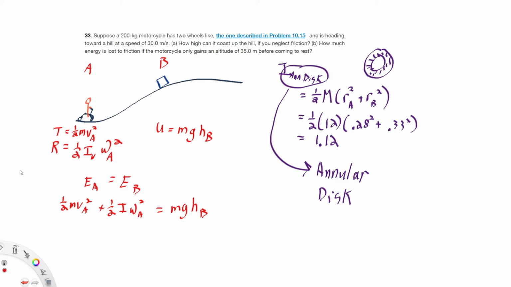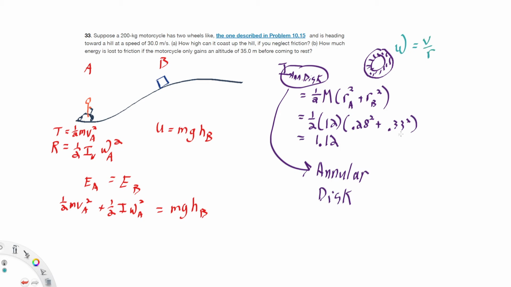So we're given that our velocity at A is 30 meters a second. If that is so, then what is the angular speed of this wheel? We've seen before that the angular speed of something spinning, yeah, exactly, Jasmine, it's v over r.